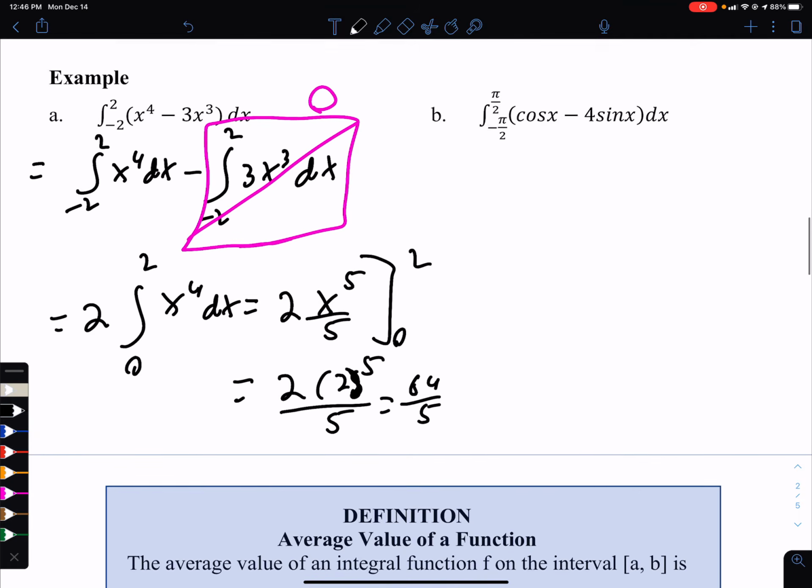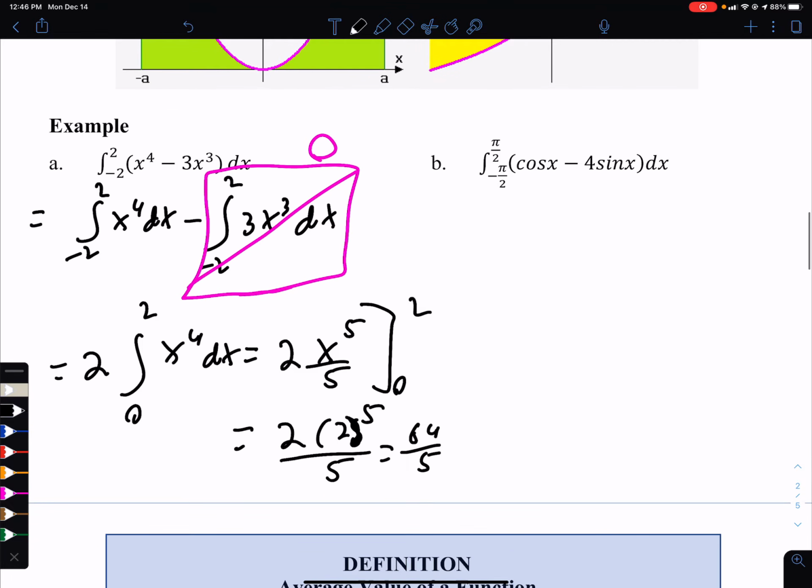Okay? So we use the properties of odd and even to make integration a lot easier. All right? So the cosine function, that's going to be an even function. Sine function, that's going to be odd. So we can break this up into two separate integrals.